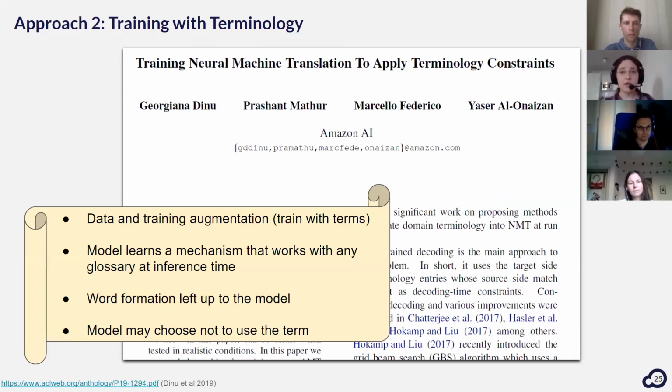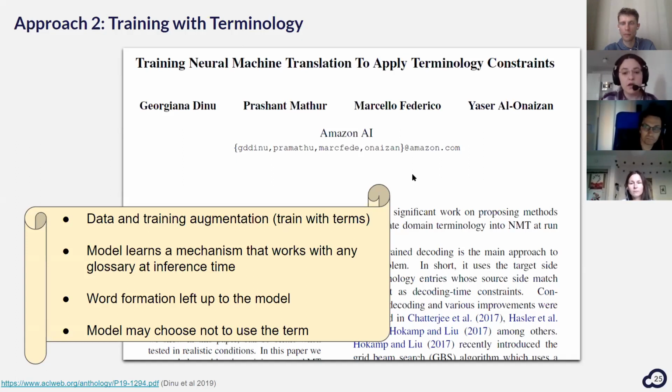The cool thing about this is that the model learns a mechanism that works with any glossary or term bank at inference time. It teaches the model to perform this action, and whatever term bank you train on is not so important. At translation time, you can provide your new term bank to use.